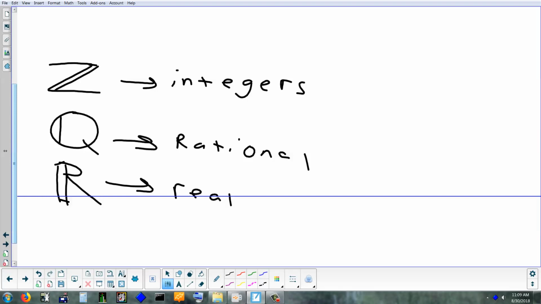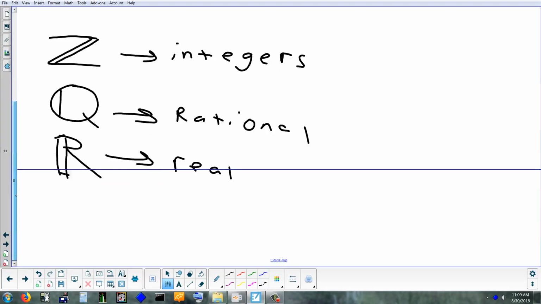Okay, so that's just a short way. So if you see me write down one of those symbols, you know I'm talking about real numbers, integers, or rational numbers. What do you think something like this would mean? Like a Q with a plus. What do you think a Q with a little plus would mean?